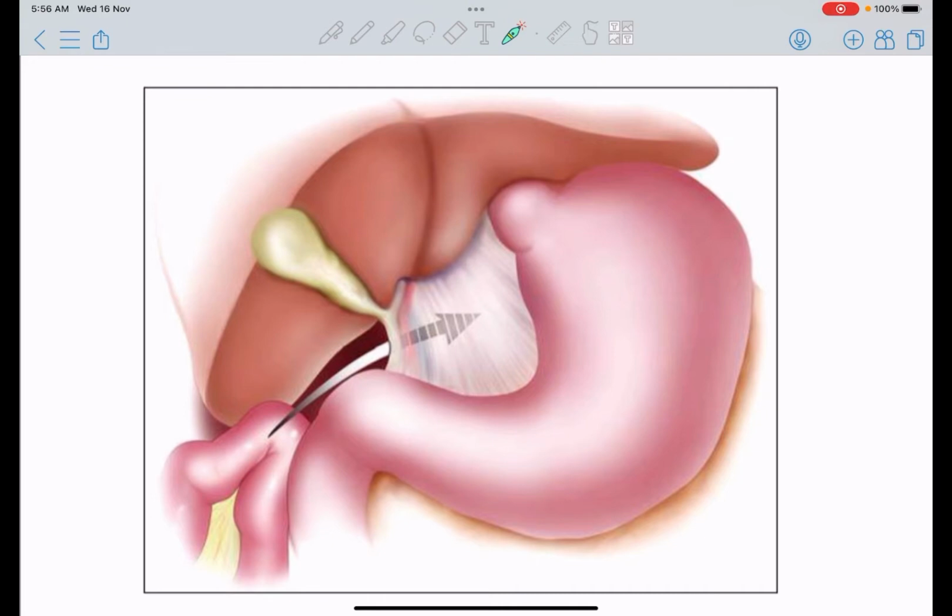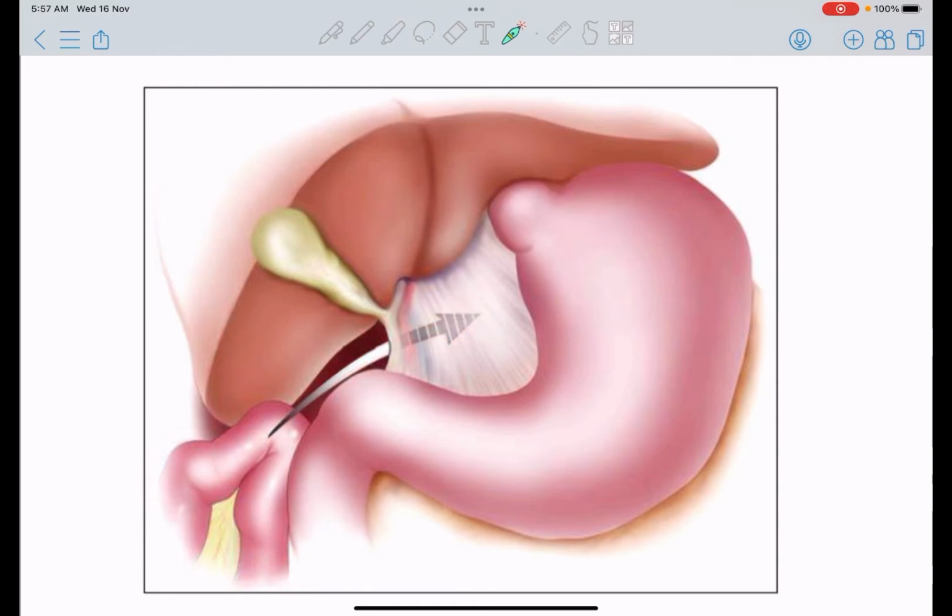I've taken this particular example to explain the concept and to understand the definition of internal hernia. We can easily see that this is a bowel loop right over here. This bowel loop seems to be traveling inside the lesser sac through the foramen of Winslow.